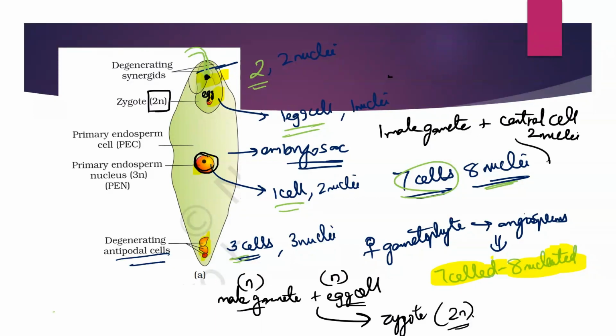This results in formation of a triploid structure known as the primary endosperm nucleus or endosperm. So fusion of the male gamete with the central cell results in a triploid structure, the primary endosperm nucleus, which serves as nutrition for the developing embryo.